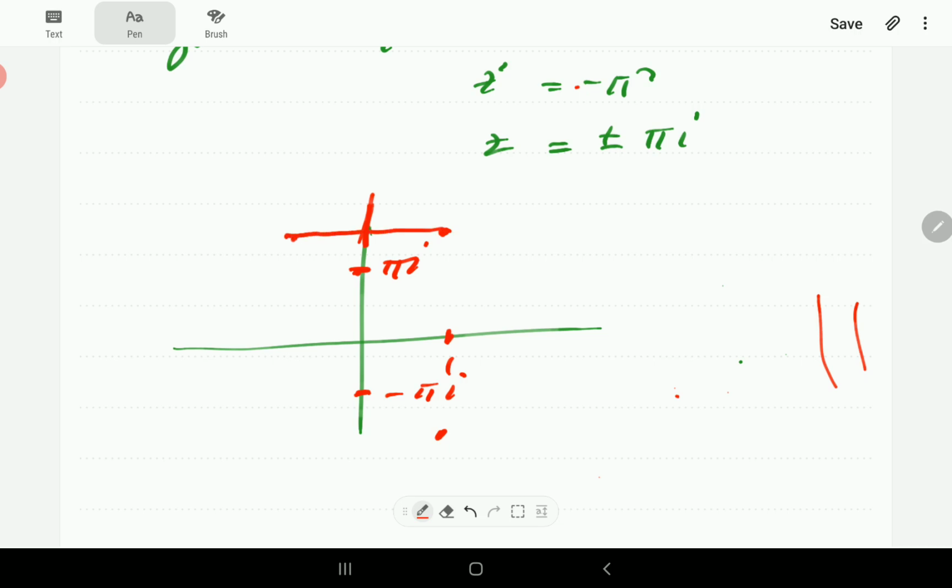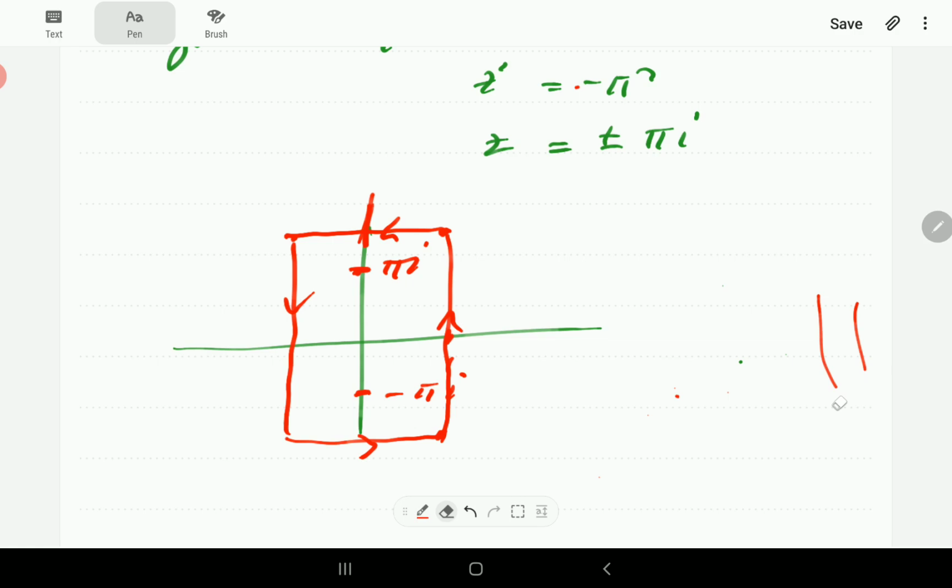So this is what our contour is going to look like. So that is our contour, and both of the singularities are inside.